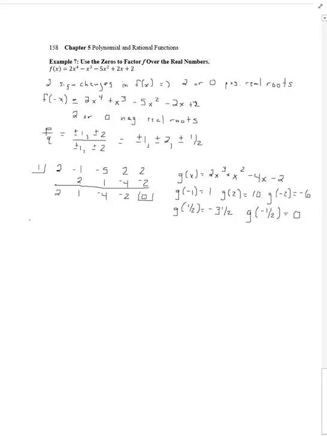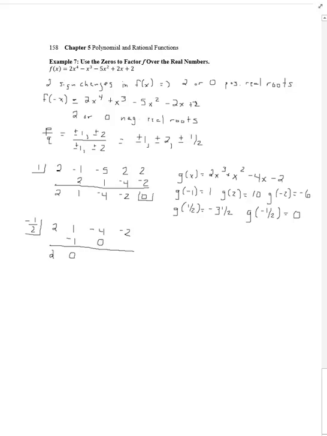So now we have to do synthetic division with a negative 1/2. Okay, we're going to use our depressed equation. So 2, 1, negative 4, negative 2. So bring down the 2. 2 times negative 1/2 is negative 1. Add.